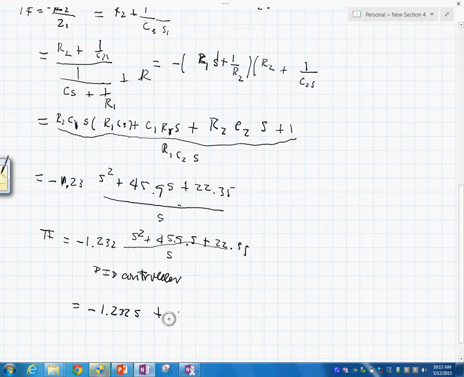Okay, so this is 45.97, and this is plus 22.58 divided by S. So this thing is the derivative control.